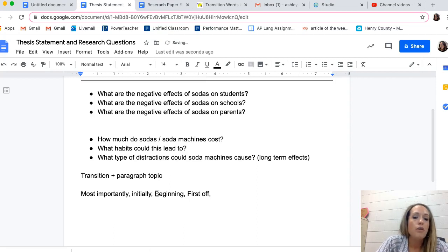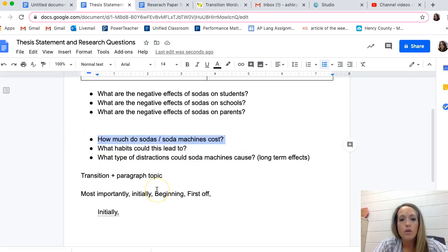Now, I'm going to start with initially. I like that, and I've got an indent, right? So initially, comma. And if my first question is, how much do sodas or soda machines cost? Now, at this point, I don't have the answer to my question, so I'm going to have to come up with a very vague, generic answer to that.